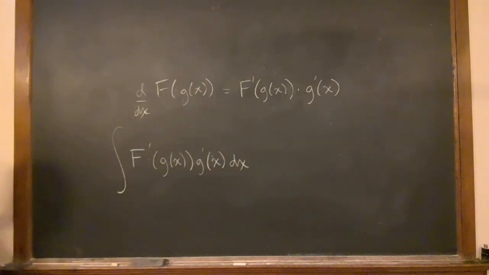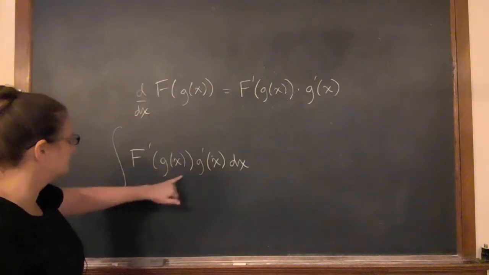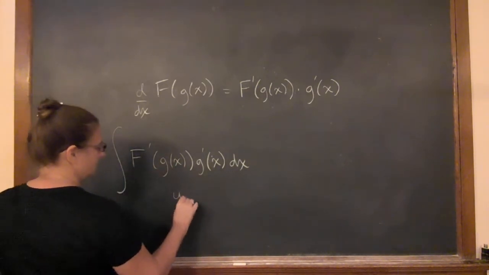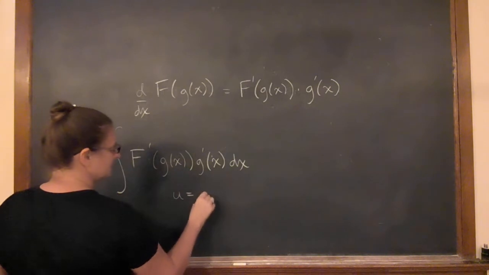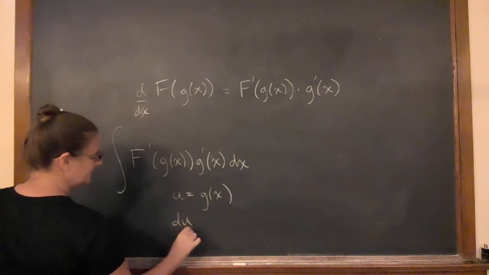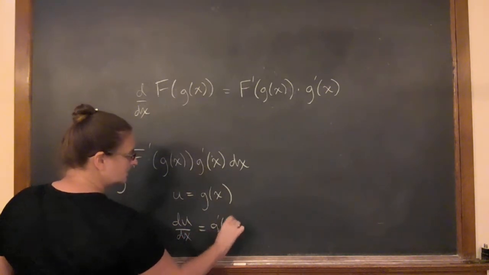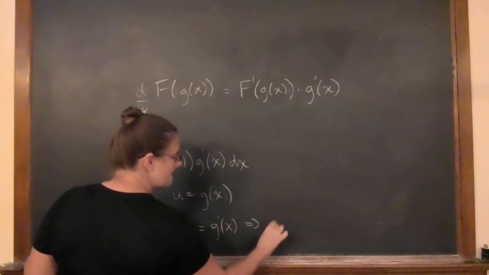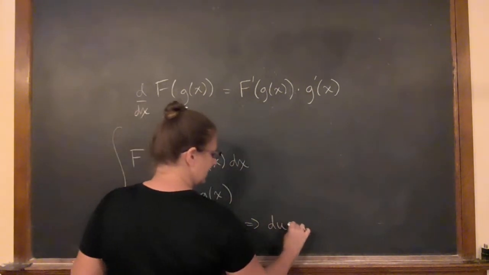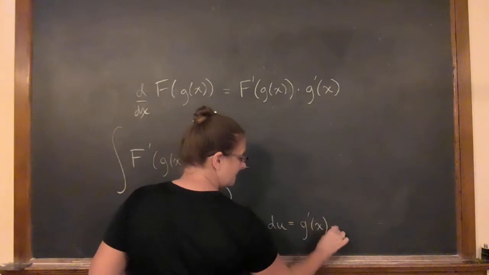And what I'm really doing is making the substitution: u is that stuff in the parentheses, g of x. Then du dx is g prime of x, which gives me du is g prime of x dx, right?